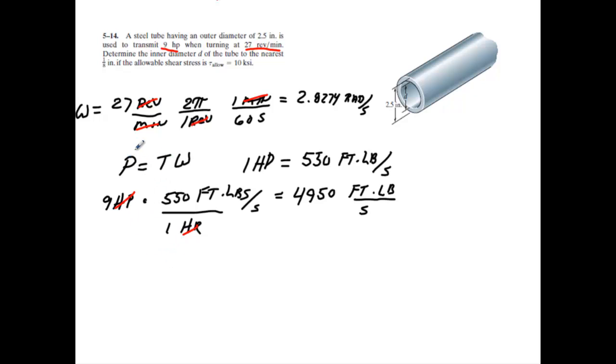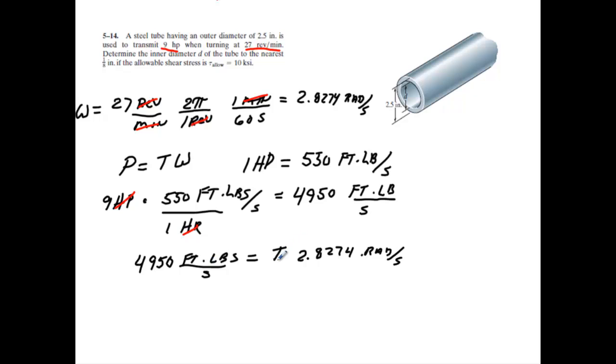So now we're going to use this equation right here, and we'll put 4,950 foot-pounds per second is equal to our torque times our omega, 2.8274 radians per second.